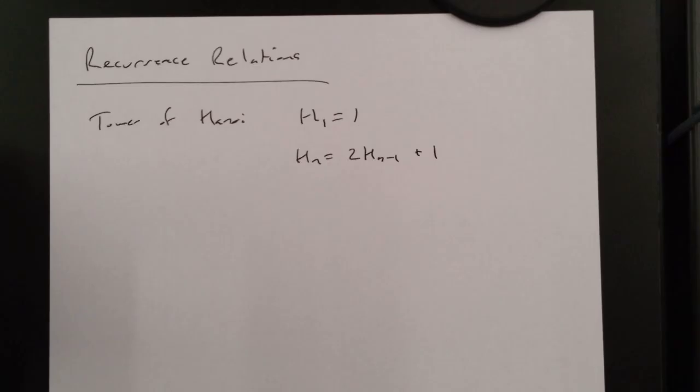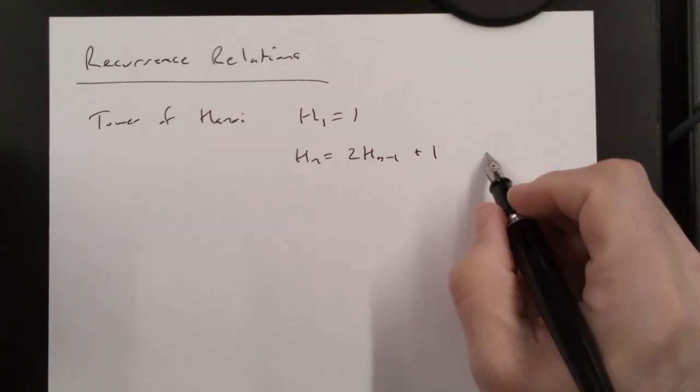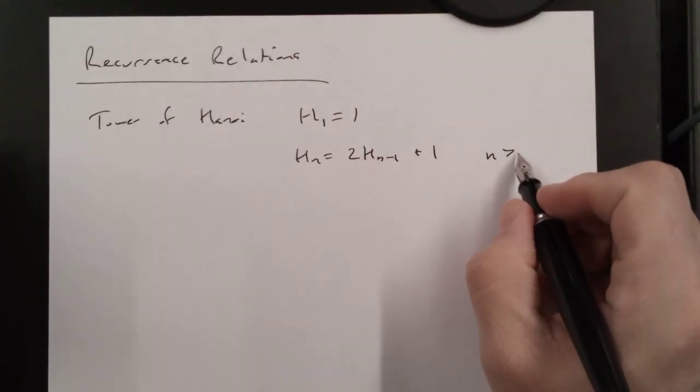Moving one disk took one step, and moving n disks took twice the number of steps to move n minus 1. We moved all of those to the middle peg, moved the bottom disk all the way over, and then moved those disks back to the third peg. So this applies for n bigger than or equal to 2.